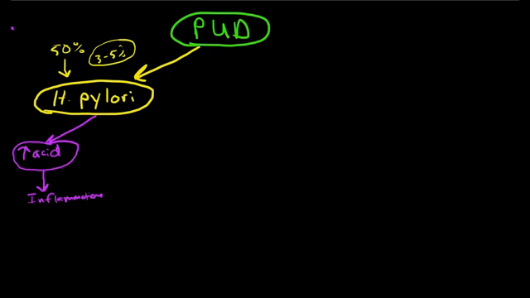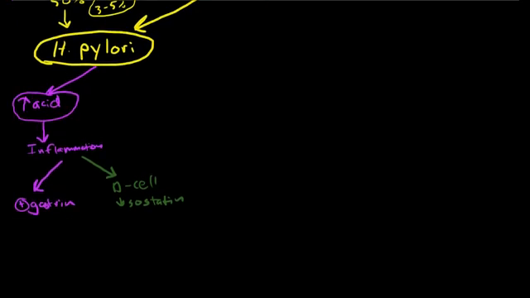And part of what occurs during that inflammation is we end up with a stimulation of the G cells. So we end up with gastrin, more gastrin, and suppression and actually destruction of the delta cells. So we end up with less somatostatin. And these two things work together to produce more acid. And also the inflammation stimulates sort of this vagal response.